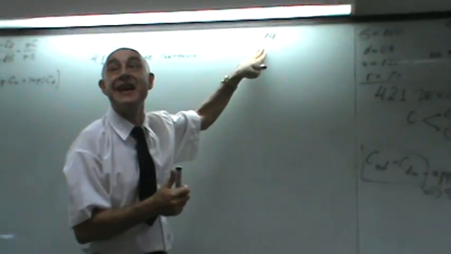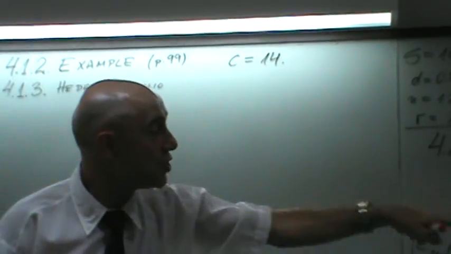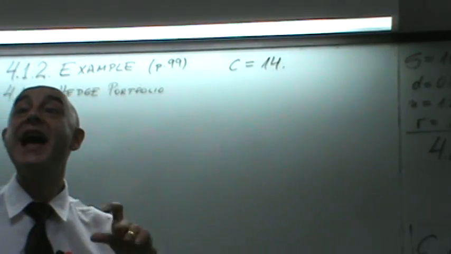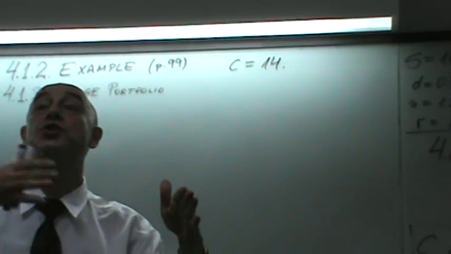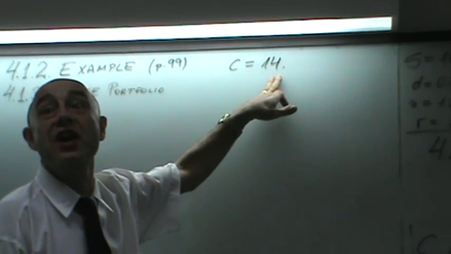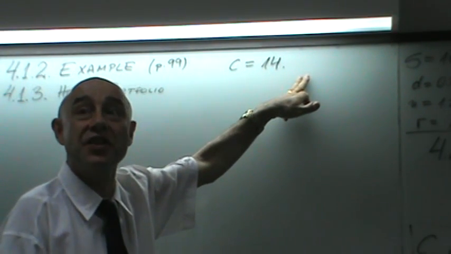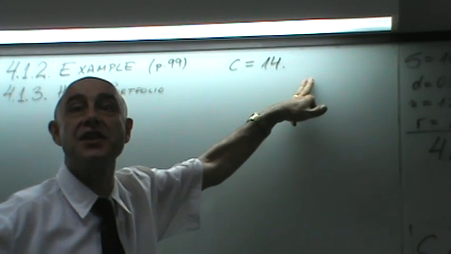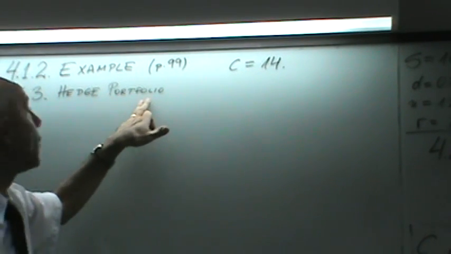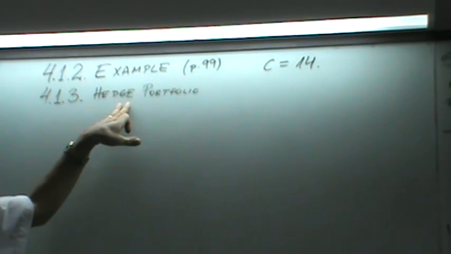So if it's a 1-period call, the price is 14. And if it's a 2-period call, the price is 17. So you pay an extra $3 to get an extra year's worth. The first year is worth 14. The second year is worth only 3. So this was the hedge portfolio for 413, the hedge portfolio for the 1-period model.